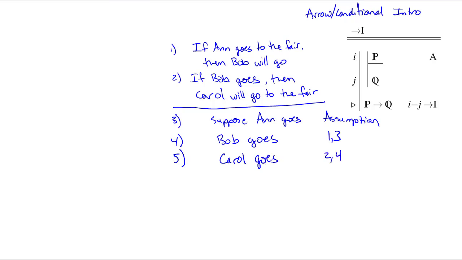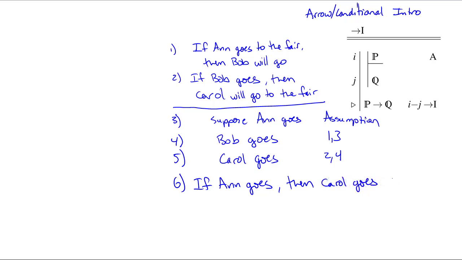Now, do we know that Carol goes based on just premises 1 and 2? No, we only got to Carol goes by assuming in line 3 that Ann goes. So what we can say is not that Carol goes to the fair, but we can say if Ann goes, then Carol goes.